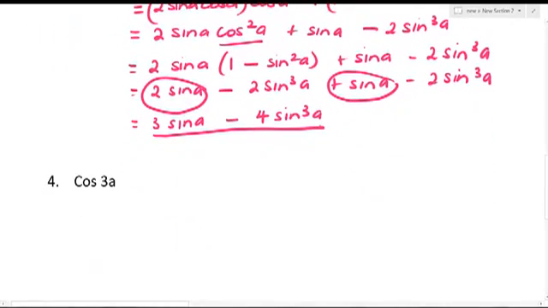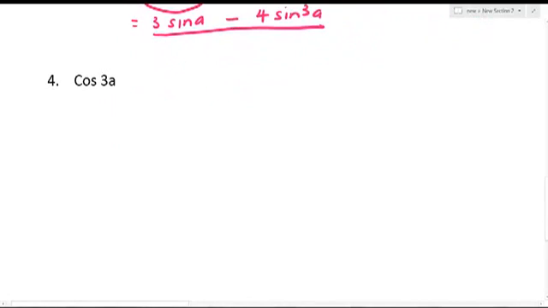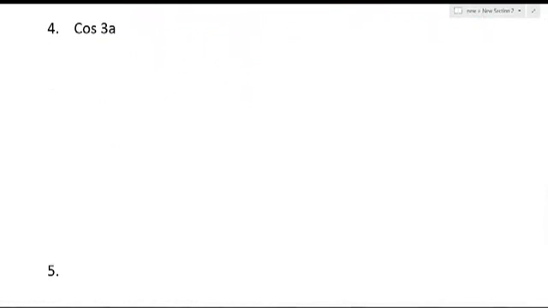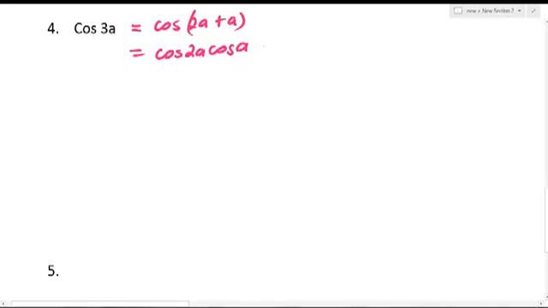So our next question was expand cos 3a, and it's just expand it in terms of just cos a. So once again, we're going to break this up into cos of 2a plus a. It's just cos of the first term, cos 2a, times the cos of the second term, cos a, minus sine of the first term, 2a, times the sine of the second term, a. Once again, we don't want the double angles, so we are going to change them.